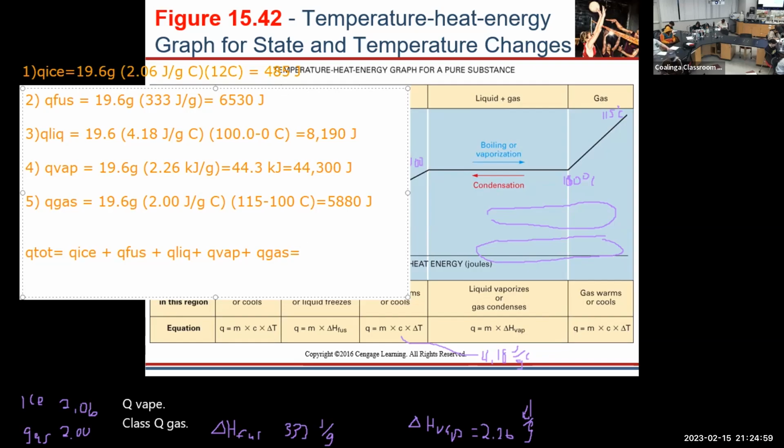So we add them all together, and we get about 59,400 joules.